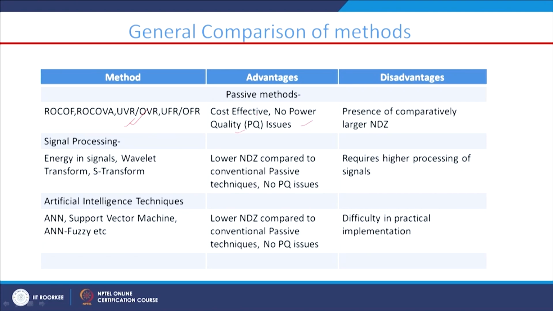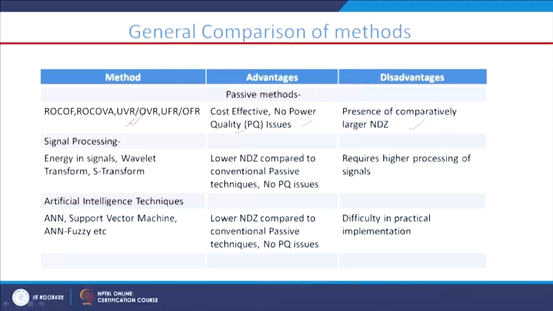So, these two are the major advantages of passive IDT. The major disadvantage is the larger NDZ, this is important. We want to reduce this NDZ problem, and it can be reduced using the subsequent active, hybrid or communication based techniques.